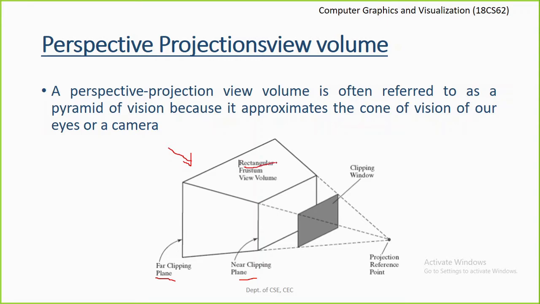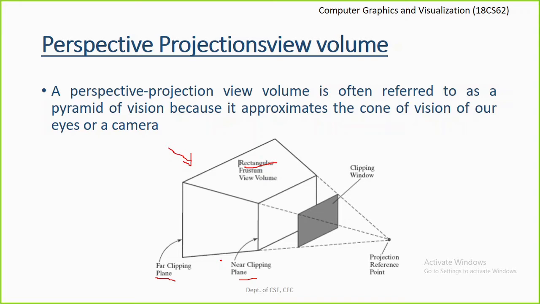What do you mean by a frustum shape? It is a pyramid, or we can call it a truncated pyramid. The clipping window will be placed here, and this will be the projection reference point. This frustum approximates the cone of vision of the human eye. How does a human eye perceive a given scene? How does a camera look at a given scene?